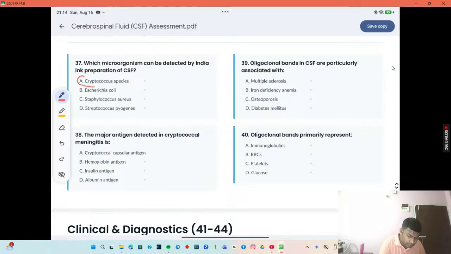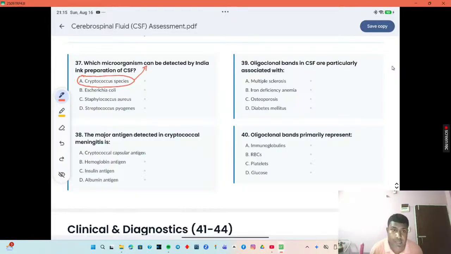Cryptococcus species are a type of microorganism which can be detected with India ink preparation of a cerebrospinal fluid sample. Is it clear to you?